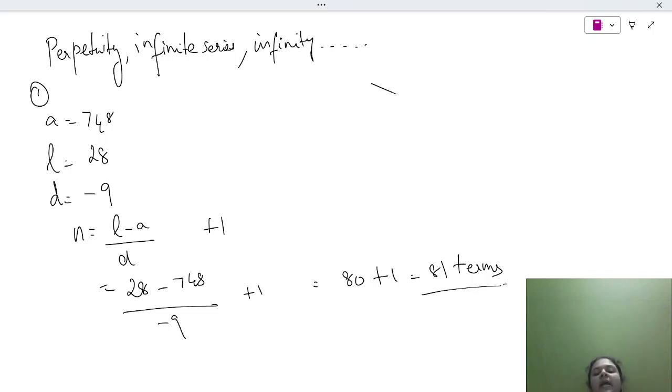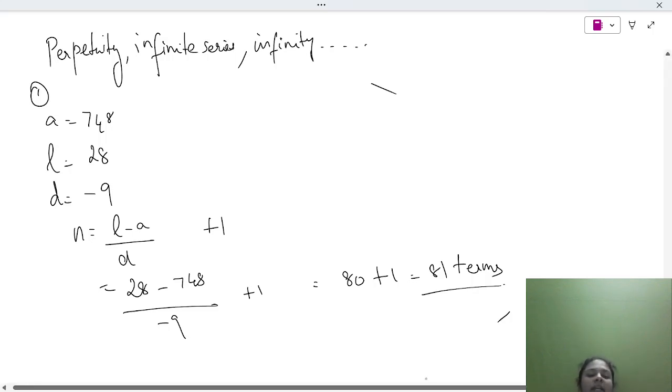Plus 1, which is 81 terms. You will get negative both in the numerator and in the denominator, so cancelling them you will get 81 terms. Got it?